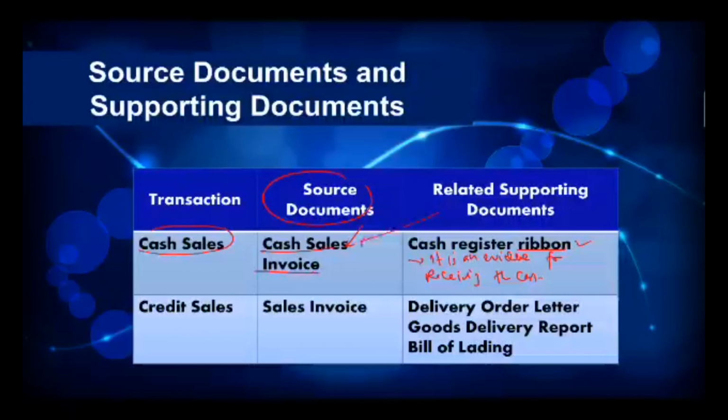And if it is about credit sales, there is a sales invoice. Of course with credit sales you don't have a cash register ribbon, since this is a credit sale with a sales invoice. So you don't need a cash register ribbon, but you have to have this one to make sure that the sales invoice is really valid, that it is really happening.